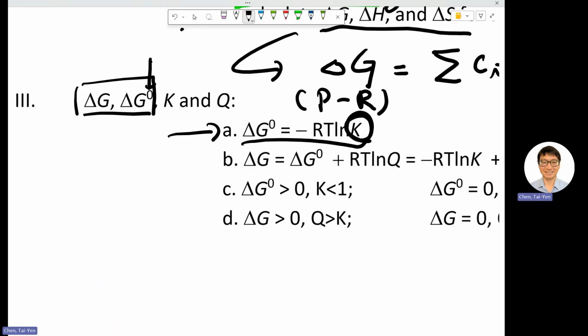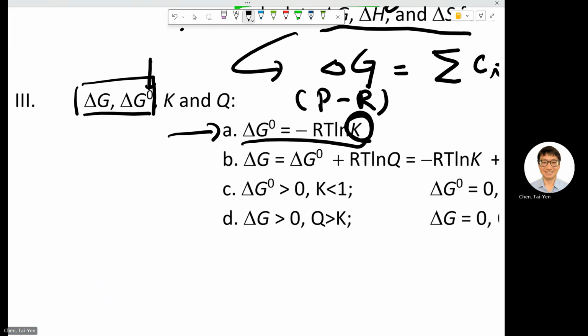So the energy difference between those two is a specific quantity for a specific reaction. You can always define that quantity as your delta G naught. And that energy is going to be related to your equilibrium constant K, because eventually, no matter where you start, it's going to hit the equilibrium after the reaction ends.